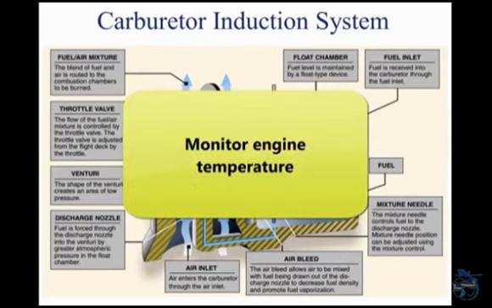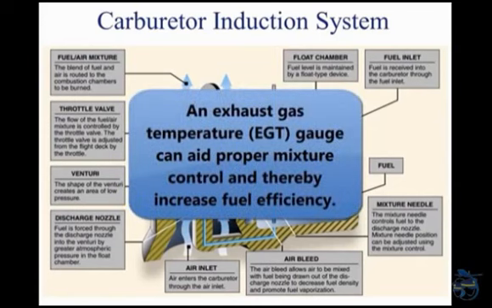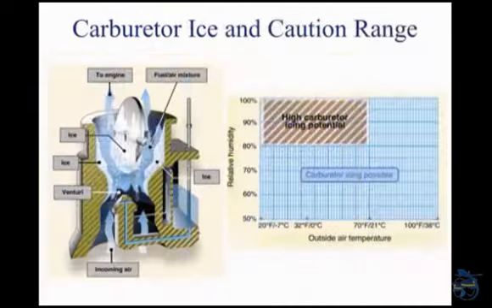Proper mixture control and better fuel economy for fuel-injected engines can be achieved by use of an exhaust gas temperature gauge. Since the process of adjusting the mixture can vary from one aircraft to another, it is important to refer to the airplane flight manual or the pilot's operating handbook to determine the specific procedures for a given aircraft.